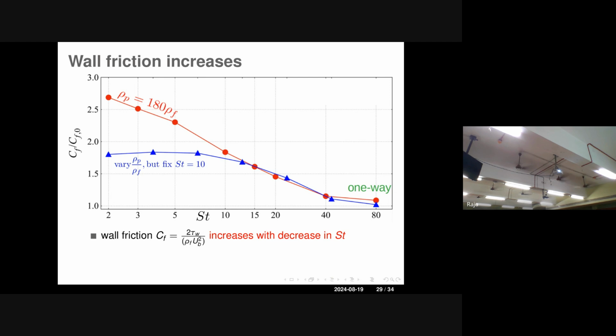That comes from basically the drag force and impact force. And what are the external forces that you can make? How do you define it?